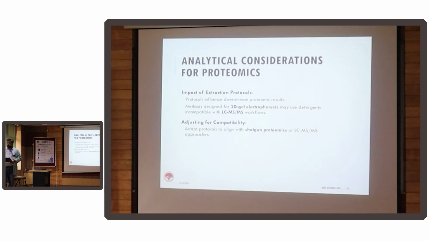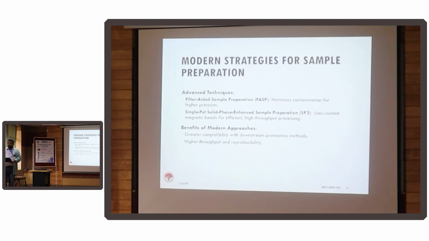So you have to adapt to the shotgun proteomics approaches. There are sample preparation techniques that you usually use, like, as I told, FASP, I was talking some time back. So you have filter-aided sample preparation. It minimizes the contamination. There are also specific techniques like the SP3 technique, the single pot solid phase enhanced sample prep. They use coated magnetic beads for efficient preparation.